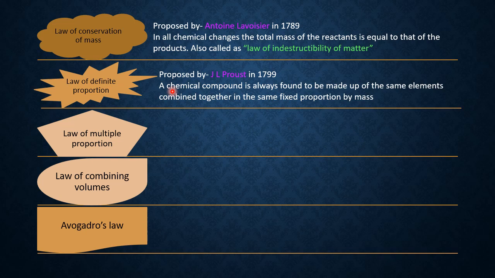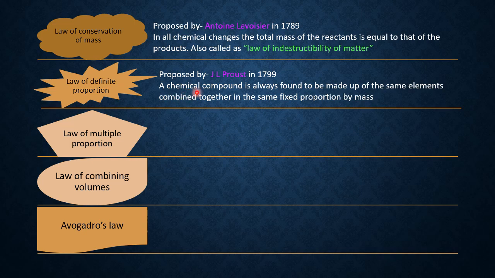The best example for this is water. Water is H2O. H2 is 2 gram, O is 16 gram. The ratio of hydrogen to oxygen in one water molecule is 2 is to 16, or 1 is to 8 by mass.